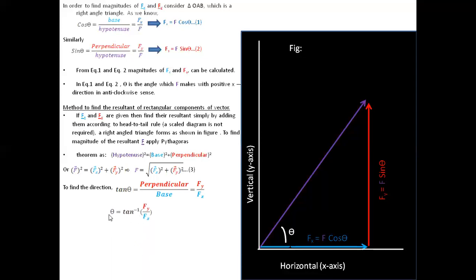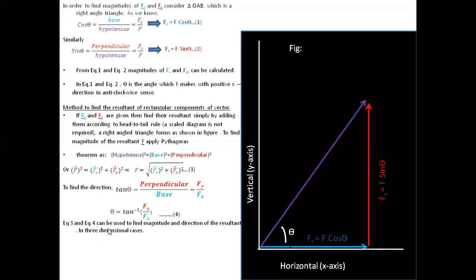Now theta can be easily found out by taking the tan to the other side, it will be theta is equal to tan inverse Fy over Fx. In this way we can find out any direction of any vector which is placed inside our coplanar rectangular components. We are calling it equation 4. So equation 3 is for the magnitude and equation 4 is for the direction of the vector F.